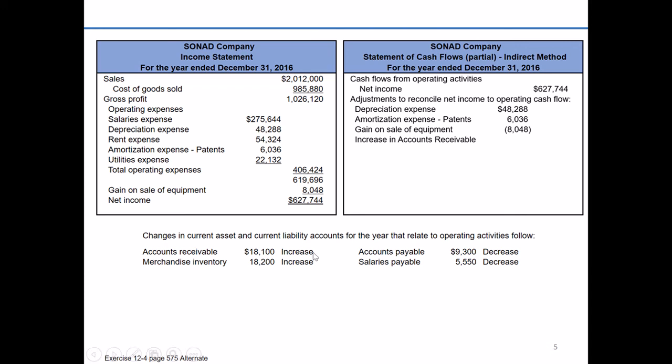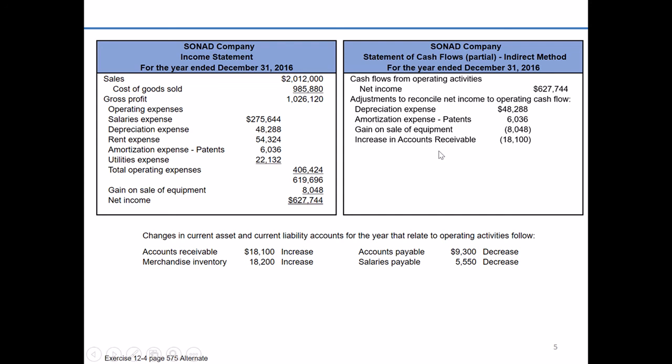But we're going to start out and look at, we've got an increase in accounts receivable. Let's think about this. Accounts receivable was a current asset, correct? We said that if current assets increase, we need to subtract that from net income in order to arrive at cash flow from operating activities. So we're going to subtract that $18,100 increase in accounts receivable.